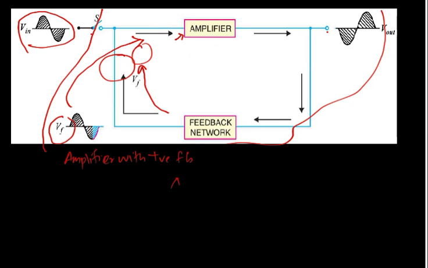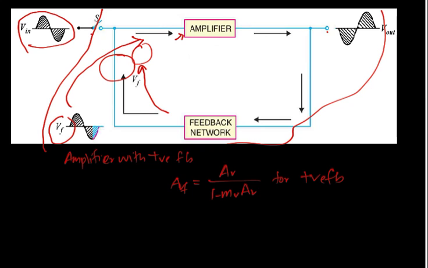We know that the gain of an amplifier with positive feedback is given by AVF = AV divided by 1 minus MV AV, where AVF is the closed loop gain, AV is the open loop gain, and MV is the feedback fraction. This is the case of a positive feedback. For negative feedback, we know that this is 1 plus, so that the total gain is decreased.